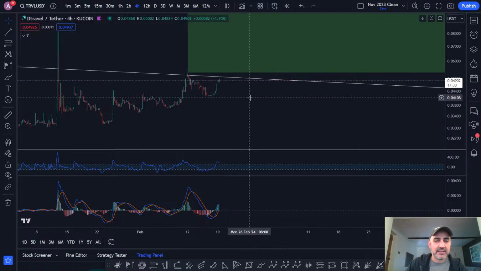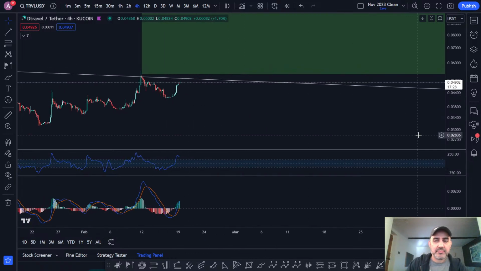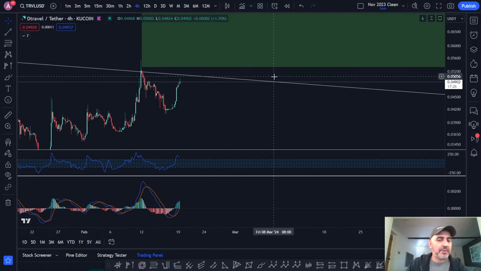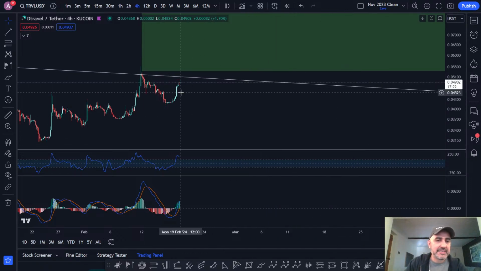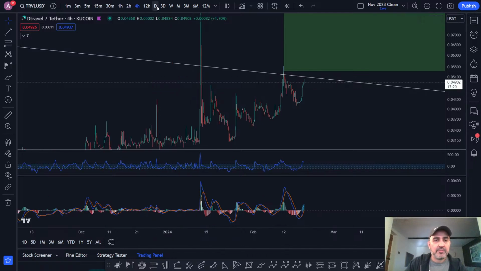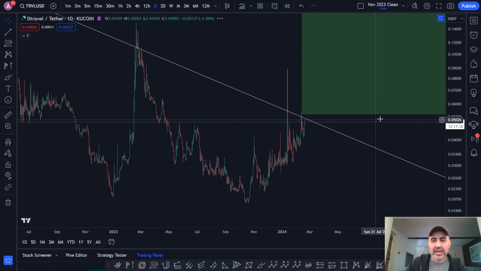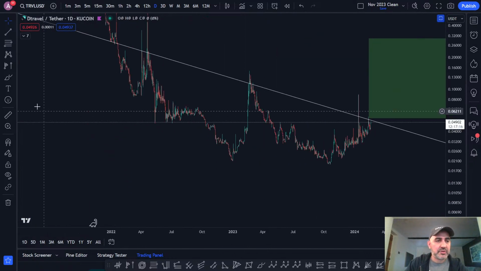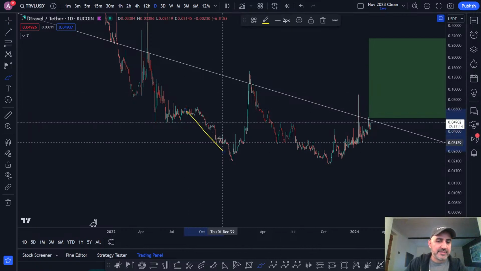Doesn't mean anything really, because the price could still just keep on going up and up and up. It just means there aren't as many sellers at this price. And maybe because there's an upward trend forming, when the price was going down here, there was a lack of buyers.